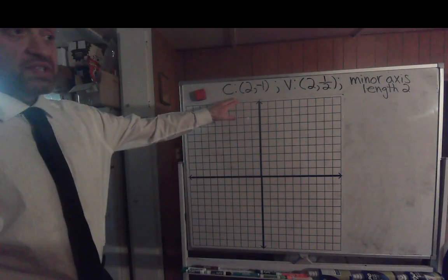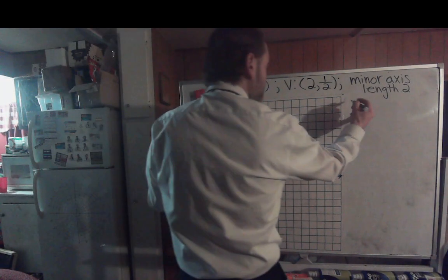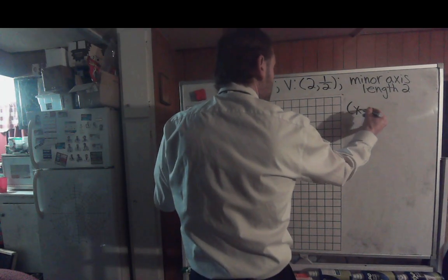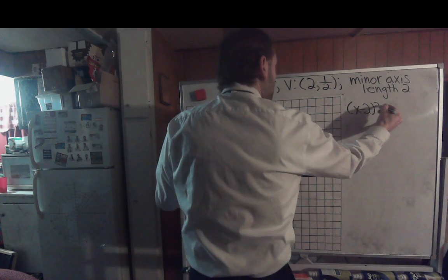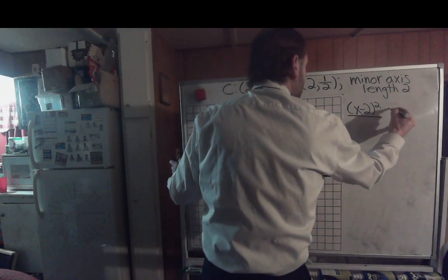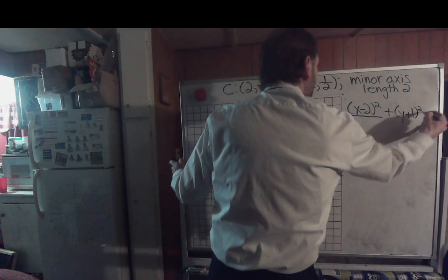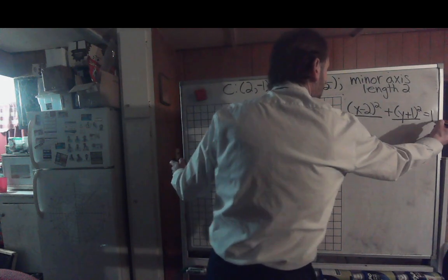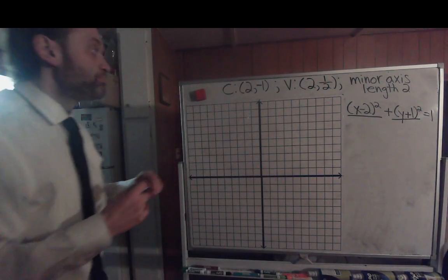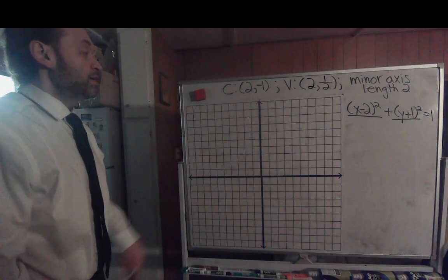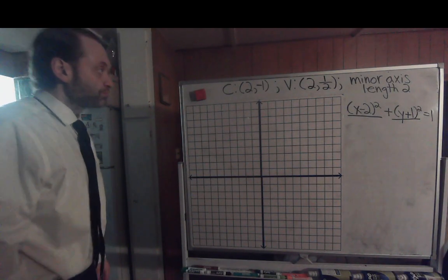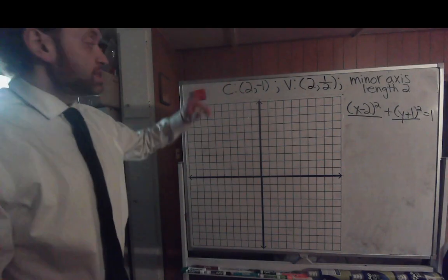Well, let's start with the center. This is going to take the form then of x minus 2 squared over some number plus y plus 1 squared over some number equals 1, right? Okay, so let's take a look here.